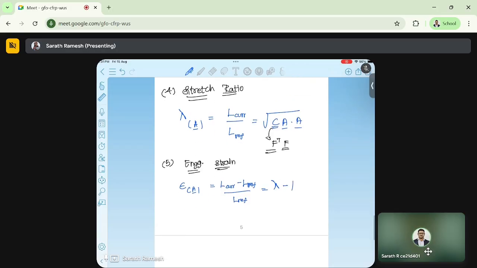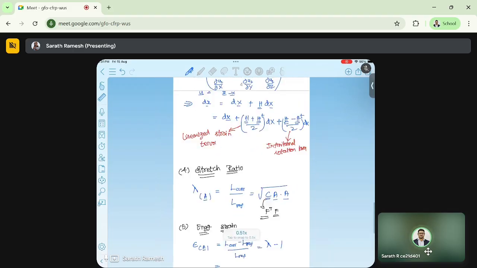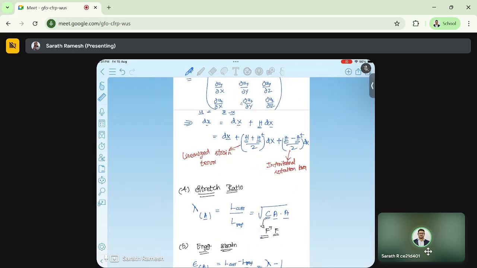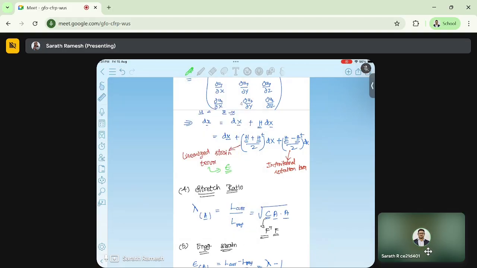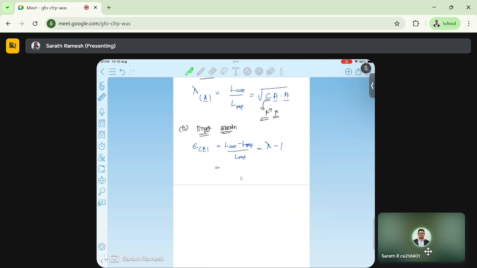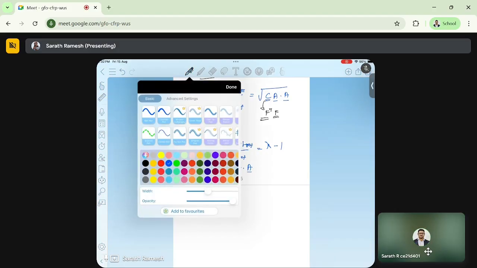If I want to write it in terms of the linearized strain tensor epsilon, this is epsilon, a second order tensor, like the stress tensor, this is the strain tensor. So we can write epsilon A dotted with A. This is the A component of the epsilon tensor.